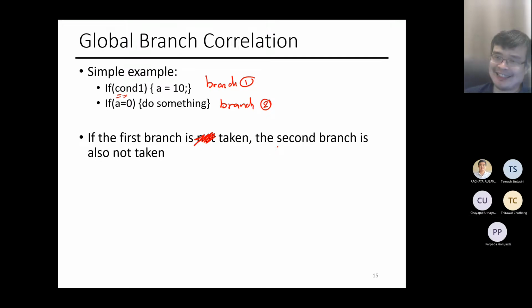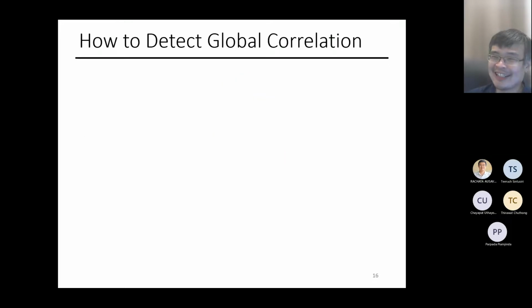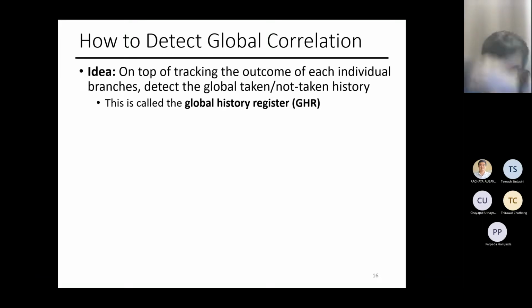The question here is then, how do I detect this, right? Because we just established through our observation that there can be correlation in your branches. So the idea is, on top of tracking the individual outcome from the 2-bit saturating counter, where you just look at the two previous if-elses that can be anywhere in your program, instead we track the outcome of each individual branch, and we record this global decision on what happened.